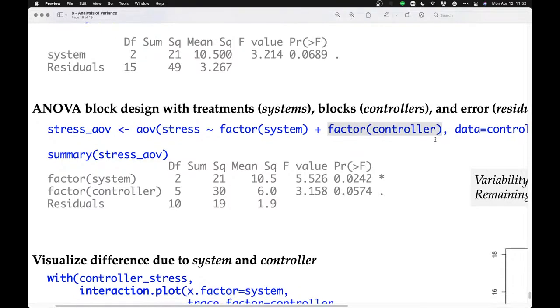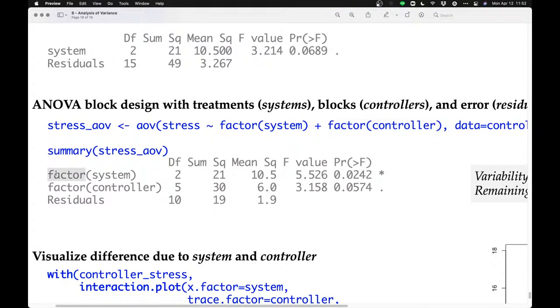This is our blocking variable. So now the ANOVA reports the F value comparing the variance between systems versus the error variance. That's this F value. This F value is these two numbers divided by each other, 6 and 1.9.